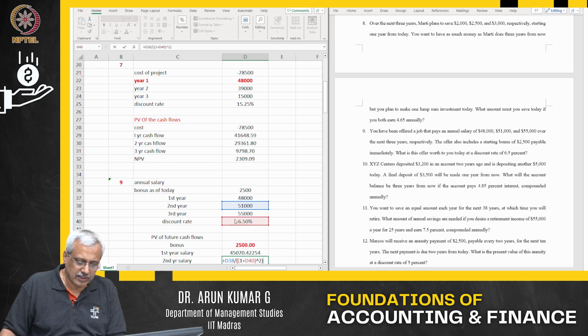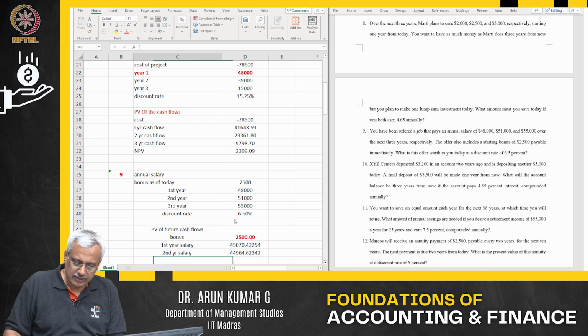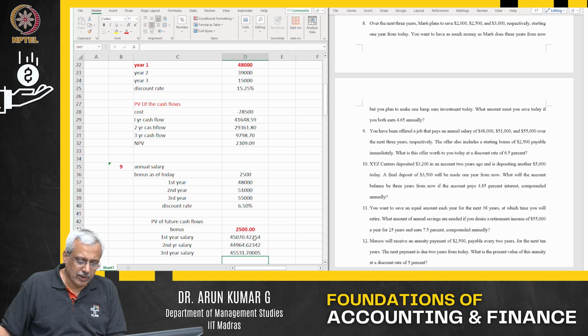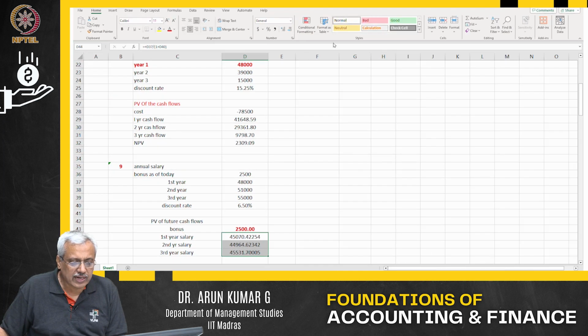Third year salary, I am going to get 55,000 divided by 1 plus 6.5% to the power of 3. So, this is the present value of the future cash flows.